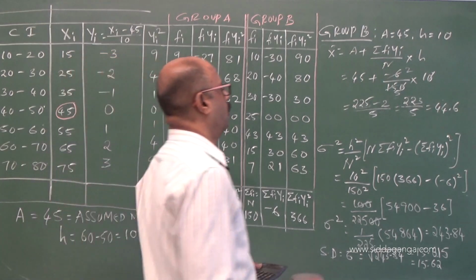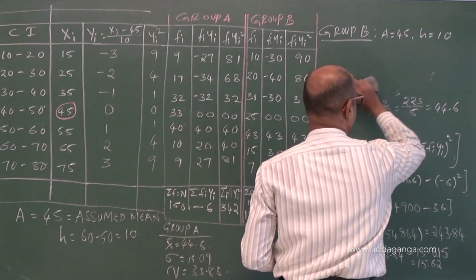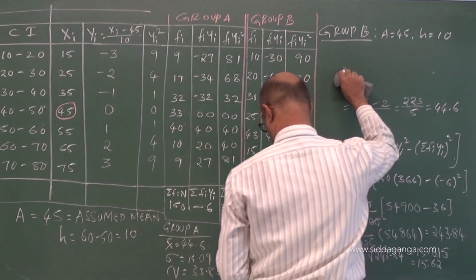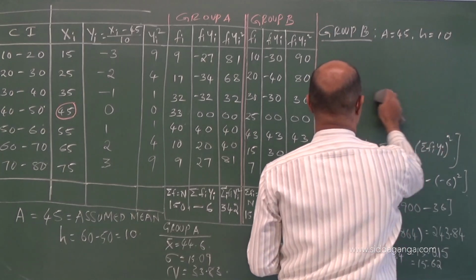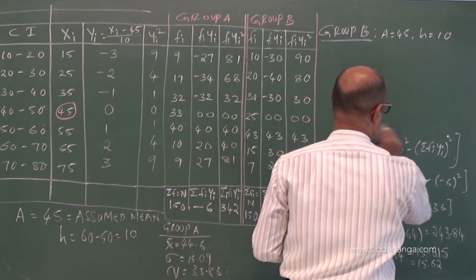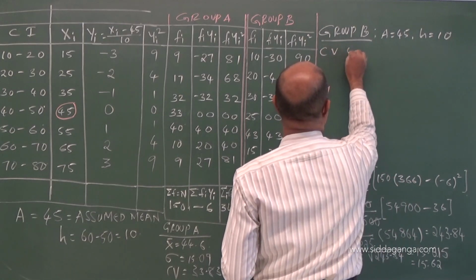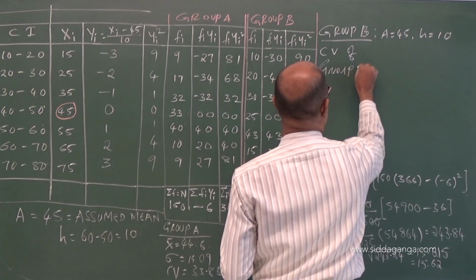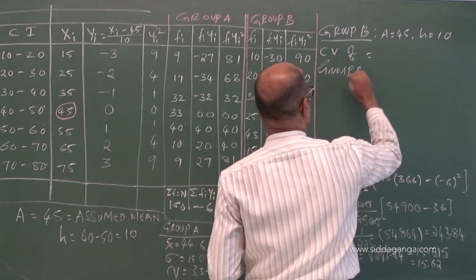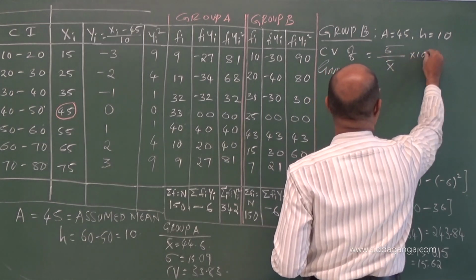Now we will find the coefficient of variation for group B. CV of group B is equal to sigma divided by x bar into 100, is the formula.